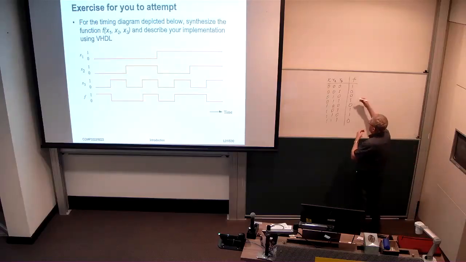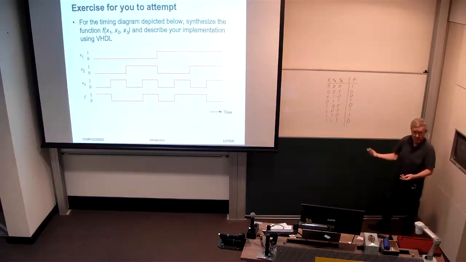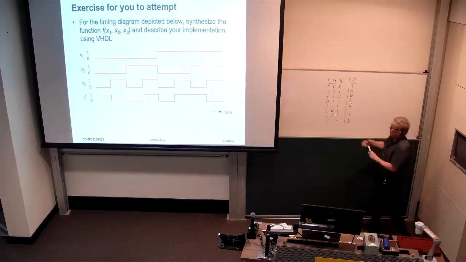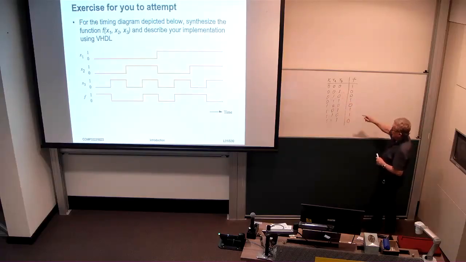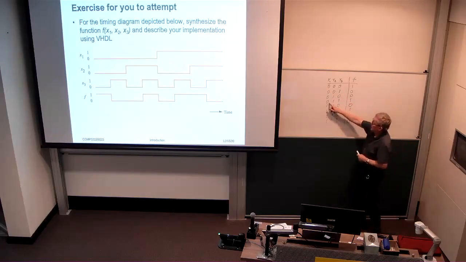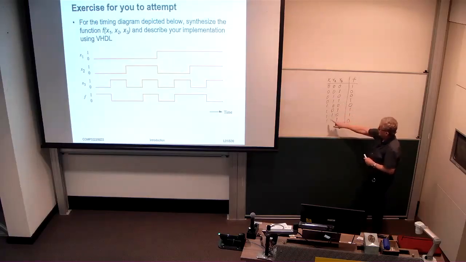So what effectively we need to do is say, look, F is only going to be true when x1 is 0, x2 is 0, and x3 is 0. Or when x1 is 0, x2 is 1, and x3 is 1. Or when x1 is 1, x2 is 0, and x3 is 1. Or when x1 is 1, x2 is 1, and x3 is 0.